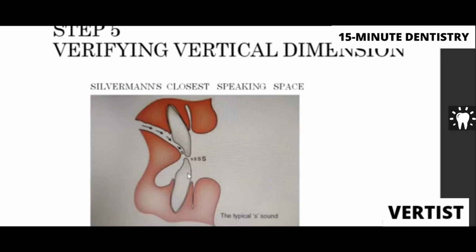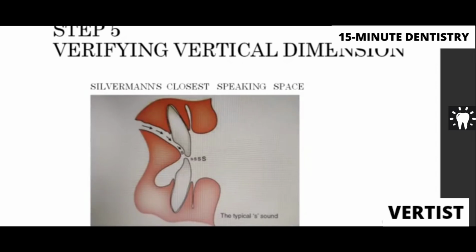When you say "yes" or words containing "s", for example "s", "sixty-six", you can observe that the lower incisors come very close to the maxillary incisors, but they don't touch. There is a slight gap between the maxillary and mandibular incisors, around 1 millimeter, and that is called Silverman's closest speaking space.